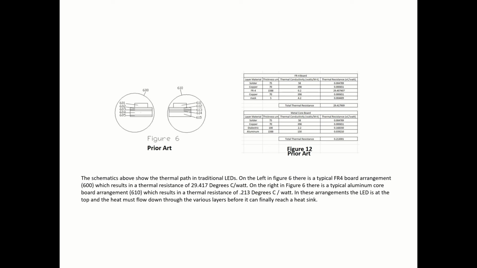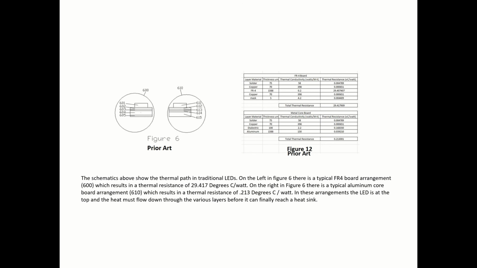And on the right hand side, we can see the numbers for this, and we can see that the total thermal resistance of an FR4 type LED board would be 29 degrees per watt. And if you look at a metal core board, it would drop down to 0.21.